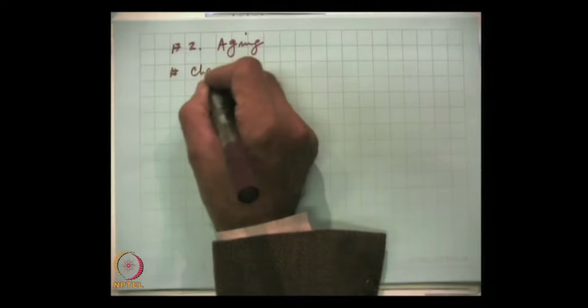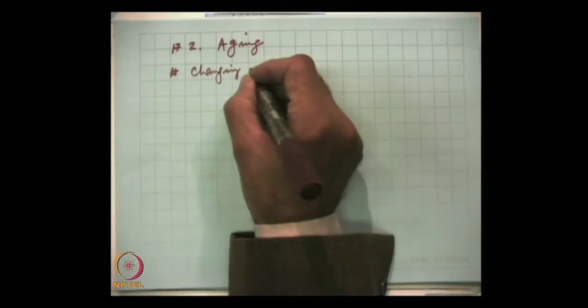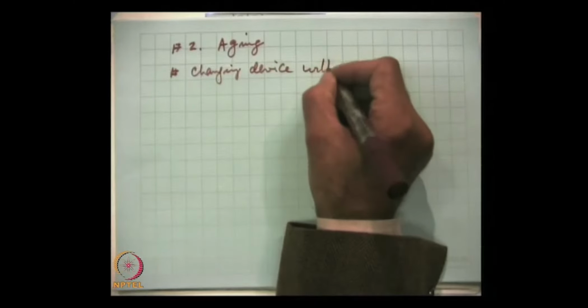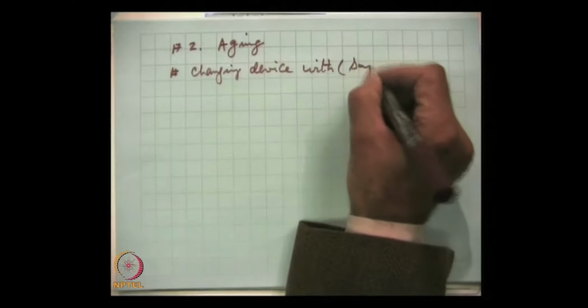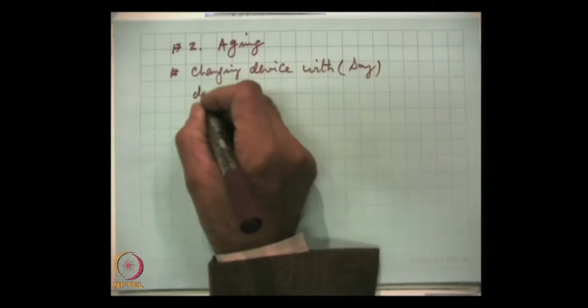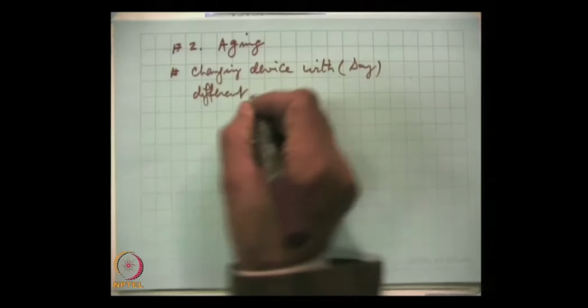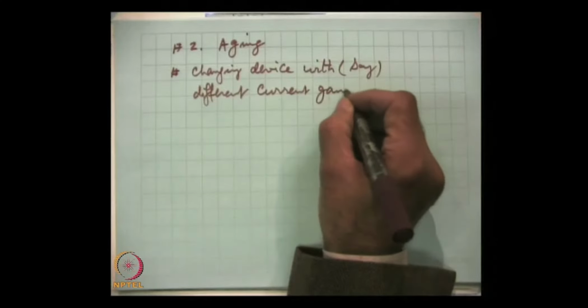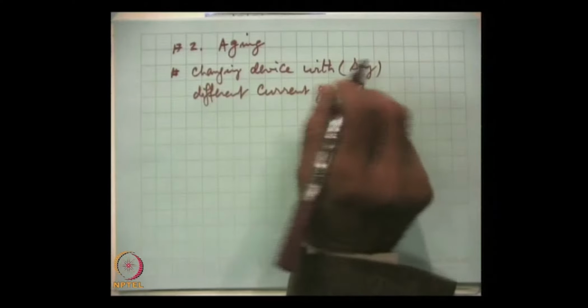And the third and last point about this is changing the device with, say, a different current gain beta.